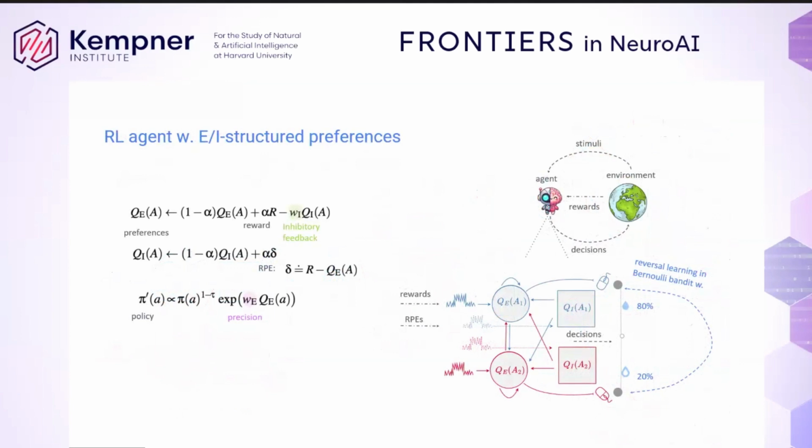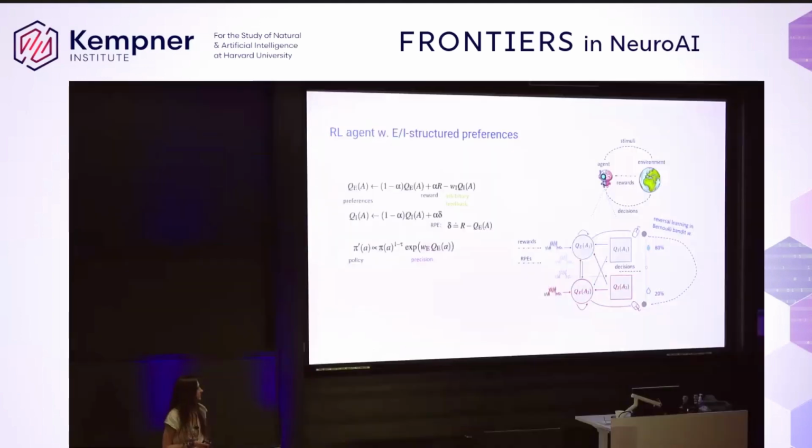Then we introduce these EI principles in an RL agent, and we put them in the preference function of the agent, where we have two excitatory action value functions and two inhibitory action value functions for each action, which receive different input signals. One of them integrates rewards and the other reward prediction errors.